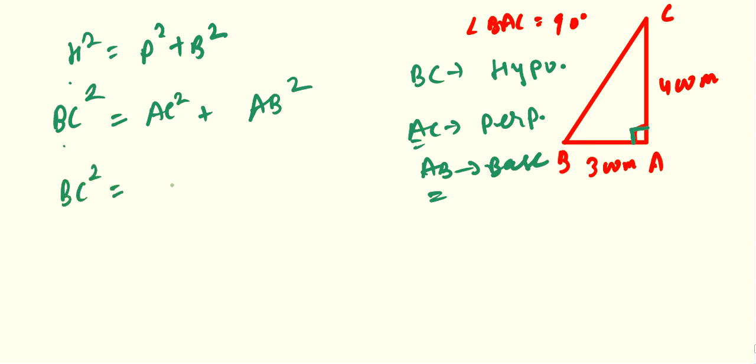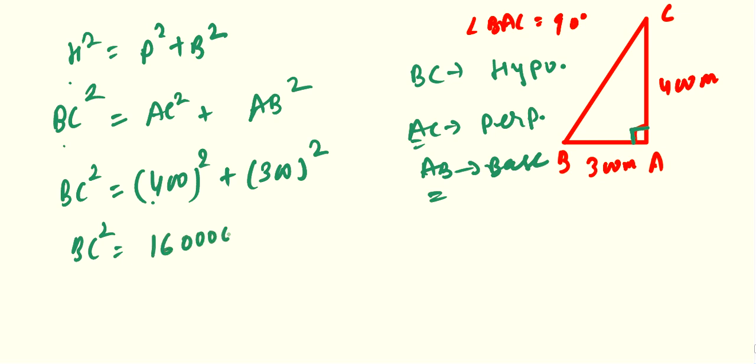Then AC is 400 meter, so 400 square, plus AB 300, so 300 square. So now BC square equals to 400 into 400, so you will get 1,60,000, plus 300 into 300, so you will get 90,000. Now BC square equals to 1,60,000 plus 90,000, so you will get 2,50,000.